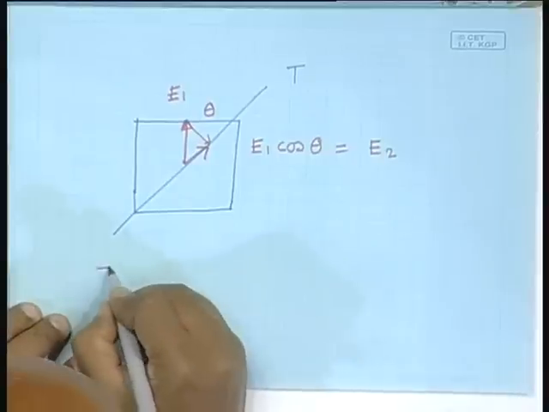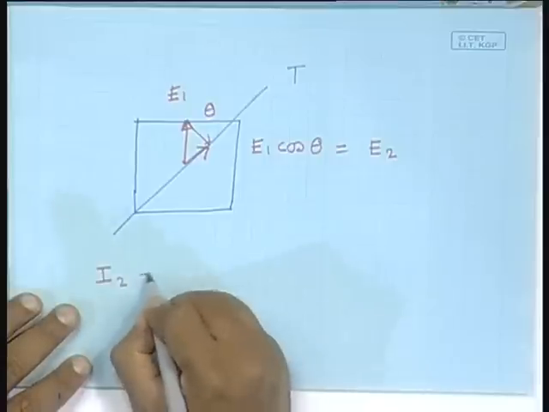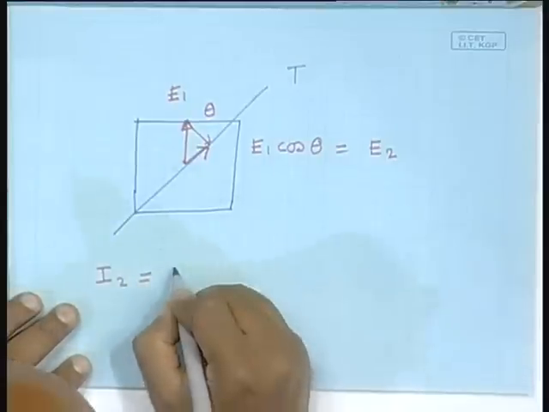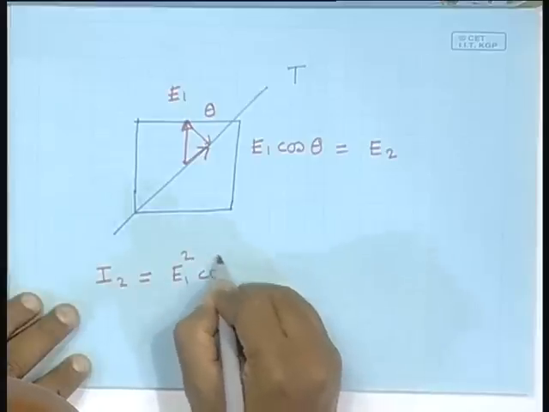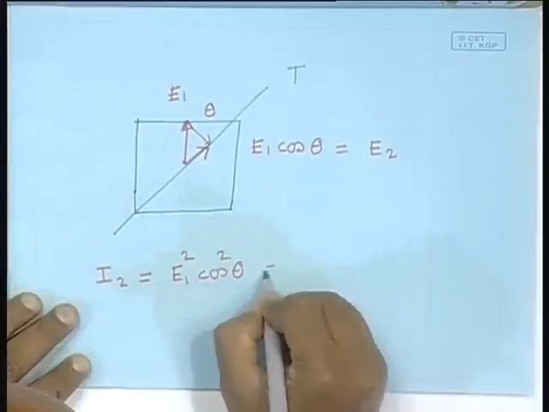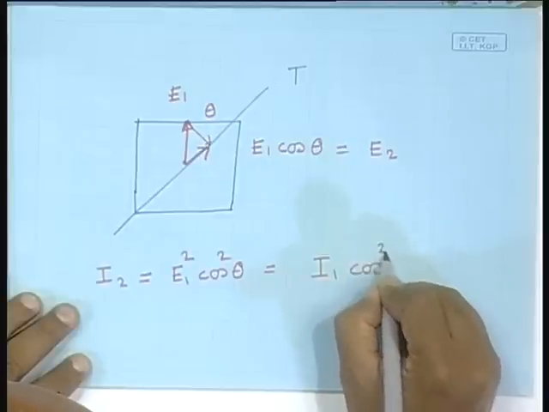If I calculate the intensity of the radiation that comes out, this is going to be E2 squared, which is E1 squared cos squared theta, which I can write as I1 cos square theta.